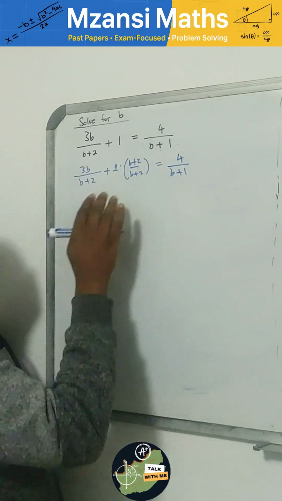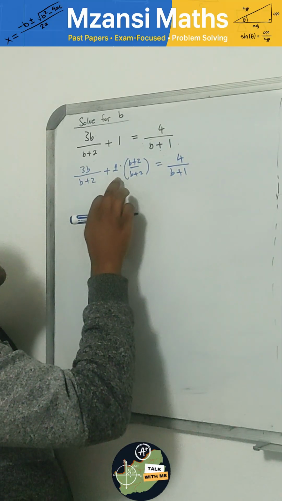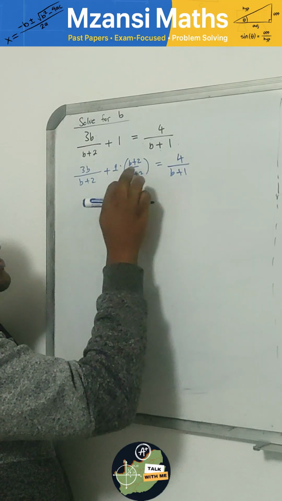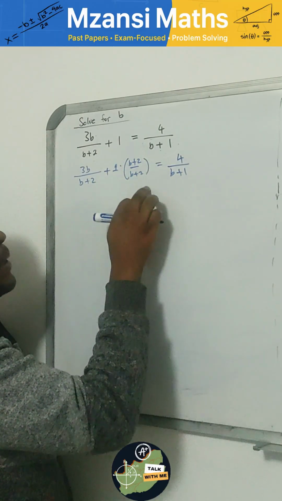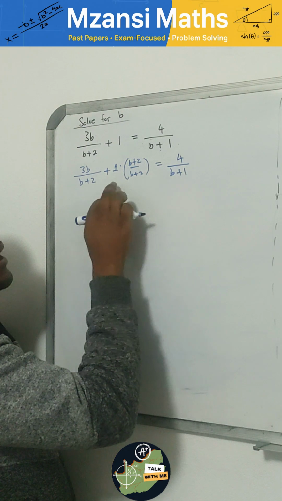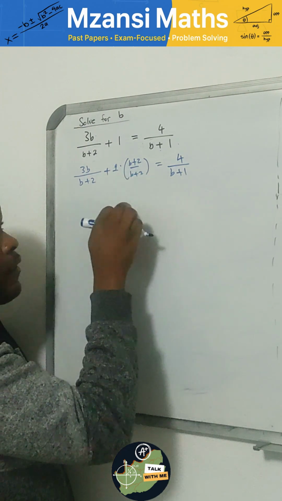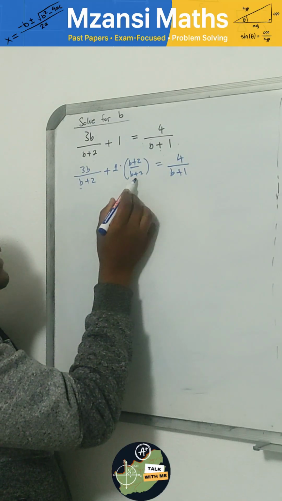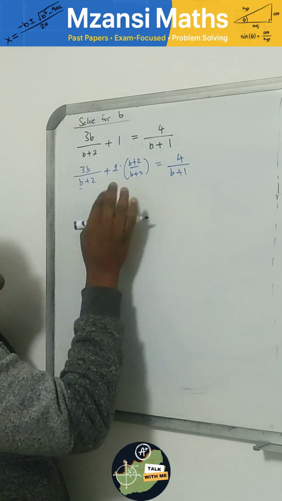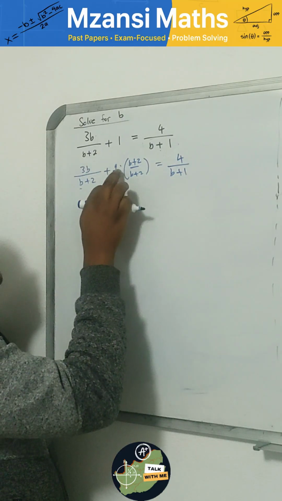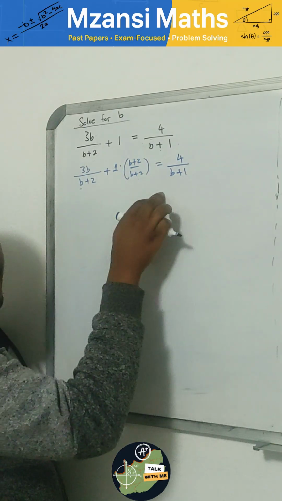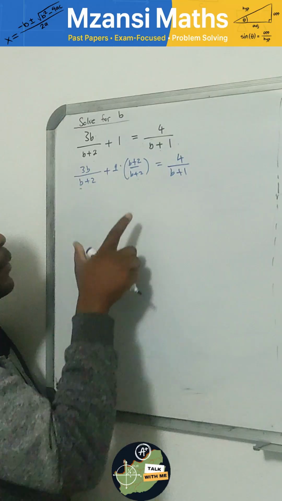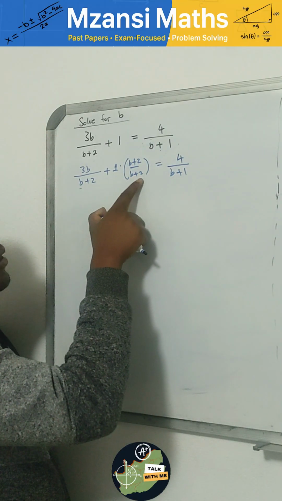And then here we need to simplify. b plus 1 times b plus 2 over b plus 2 is just b plus 2 over b plus 2, right? Because the denominator is now common, right? I can say 3b plus b plus 2 all over b plus 2, right? Because now I have a common denominator.